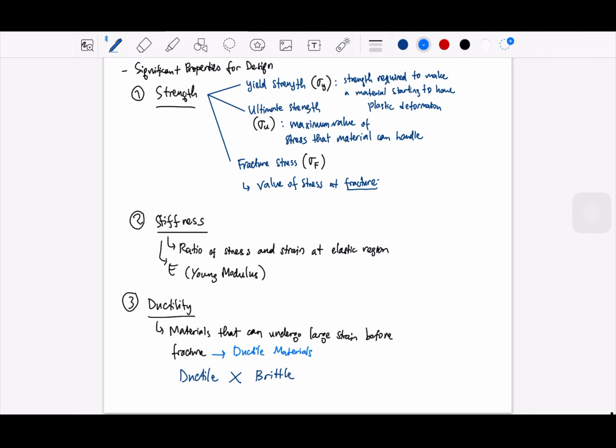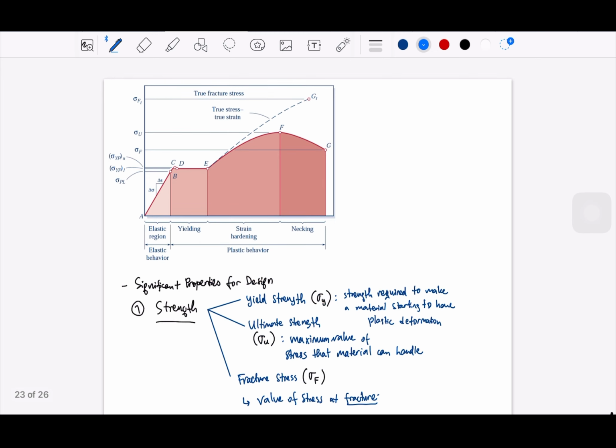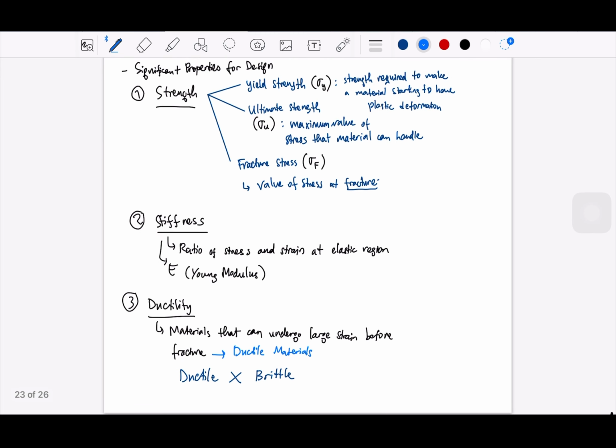Okay, let's check. Last time we finished here. I think you have learned some of the basic concepts on stress strain behavior in material science, right?